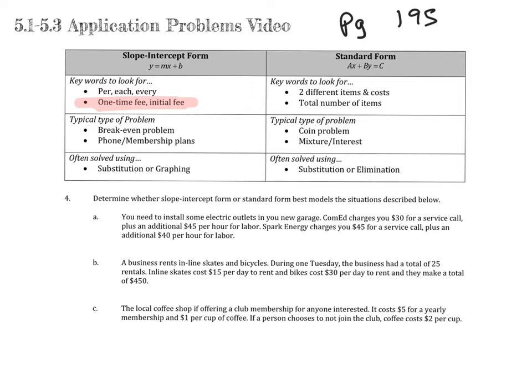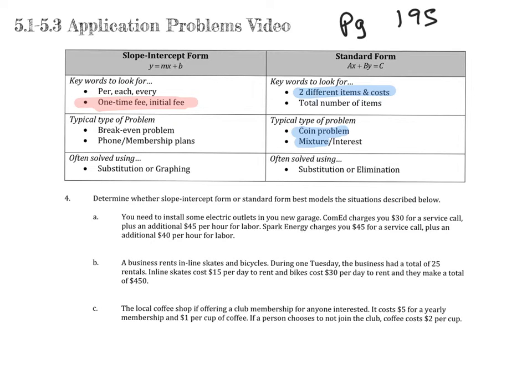And for standard form, you're typically going to see problems where they have like two different items and their costs, or how many you have, and a total number of items. Sometimes we'll see these related to some coin problems. We might get into a mixture problem here. And so that's kind of what we're going to be looking for.